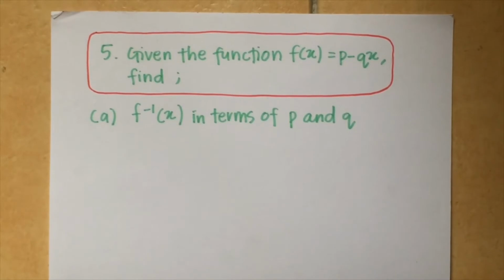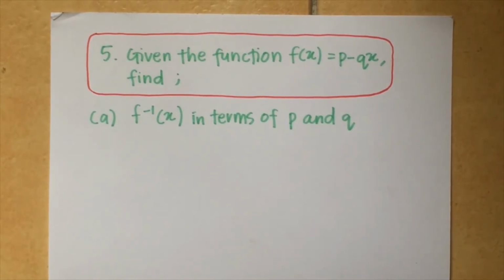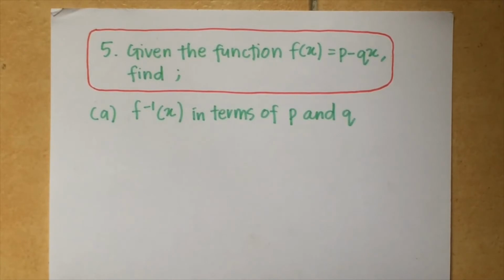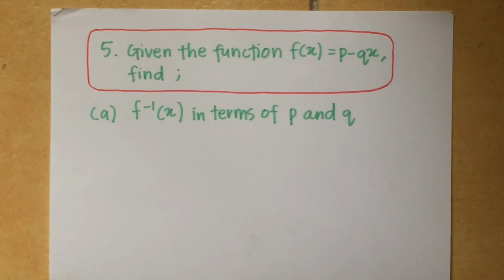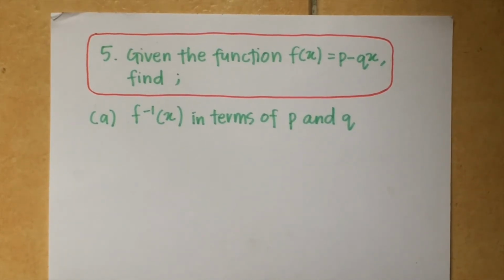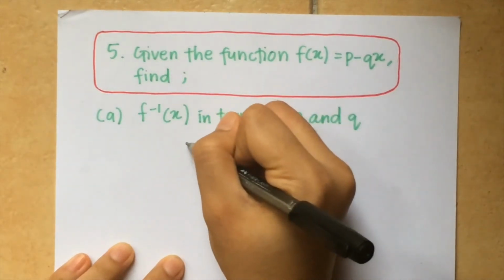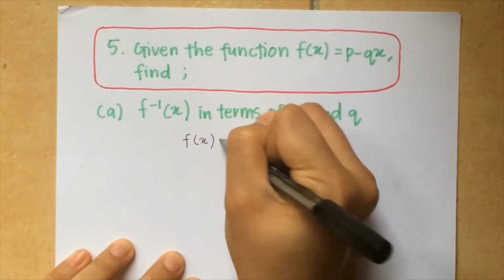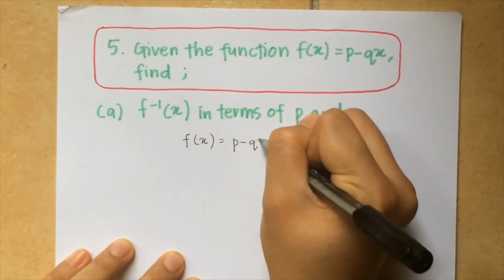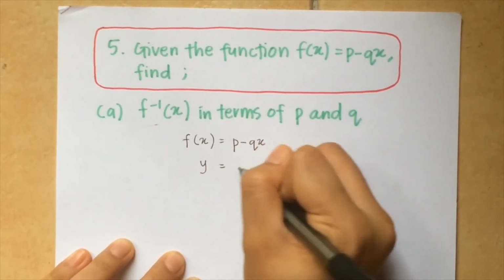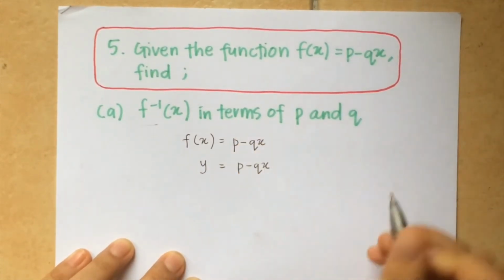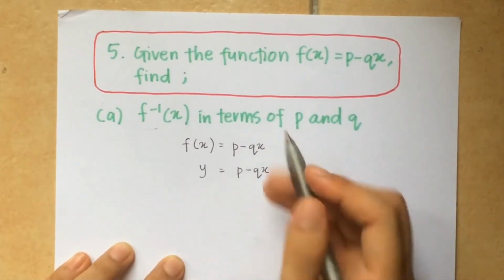Okay, so now let's move on to the next question, which is question number 5. Given the function f(x) equals (p - x)/q, find f inverse(x) in terms of p and q. So in this case, we do not need to search for the value of p and q yet. So just follow the formula based on the equation given. f(x) equals (p - x)/q, and then make it f inverse. f(x) will become y equals (p - x)/q, and then make x the subject.